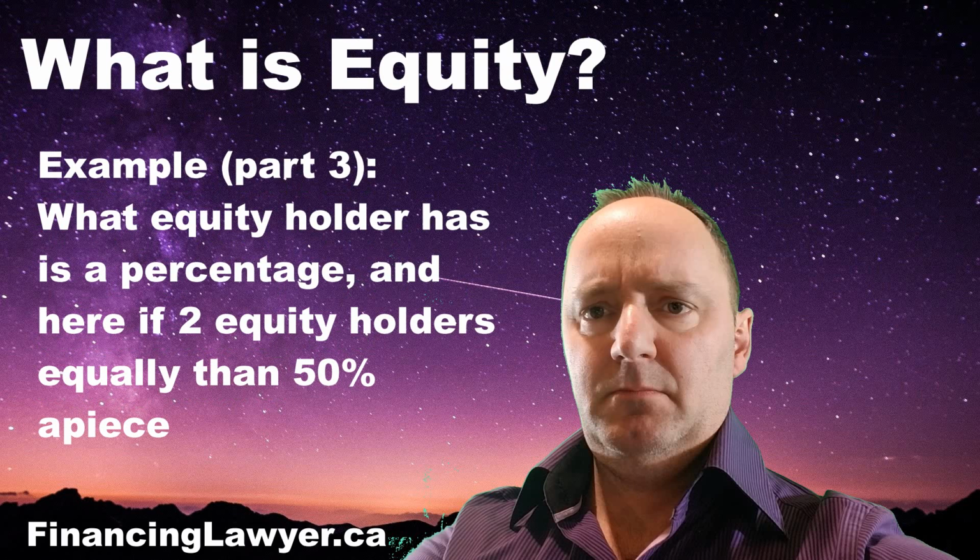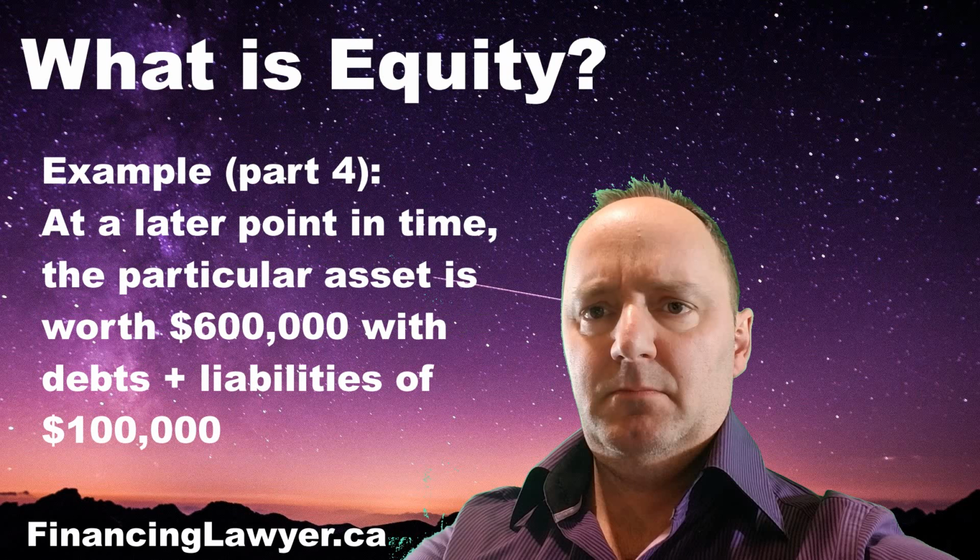What it represents is if there were two equity holders, it will represent a 50% equity interest in that piece of property. So what we would then do is at any point in time, we would look at what the full valuation of that piece of property was.